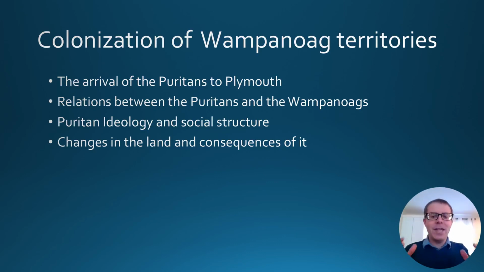And they get help from a local Algonquin named Tisquantum, who was previously captured and taken to England, and was from the village of Patuxent. And he teaches them how to farm in the soil, and teaches them how to grow maize and beans and squash in the way that Wampanoags do. And this helps the English set up their own food supply there.